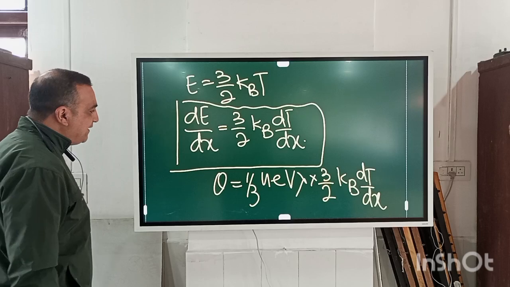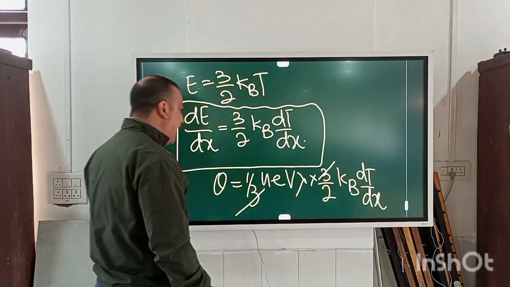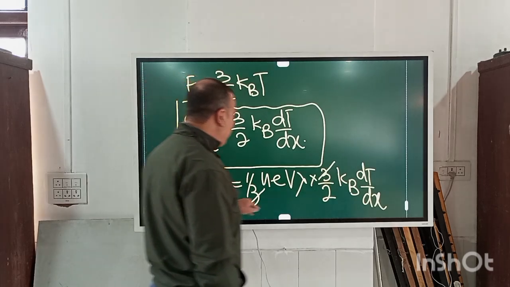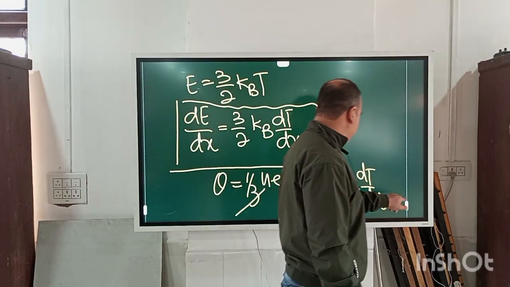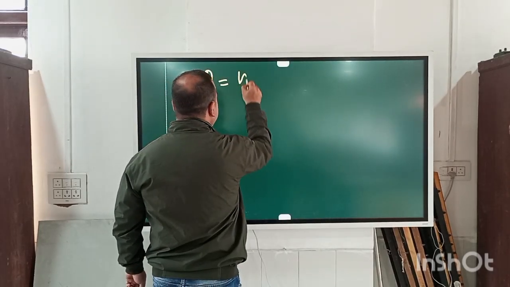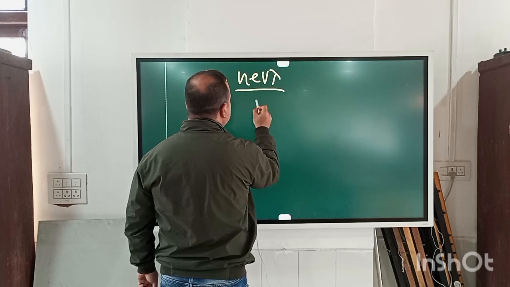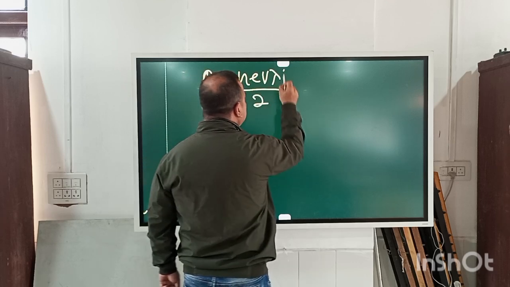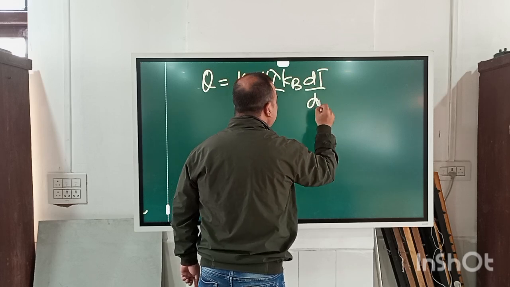And obviously we can cancel this 3 with this 3, and we'll be left with Q equals NeV lambda by 2, and kB is there, and then we have dT by dx.